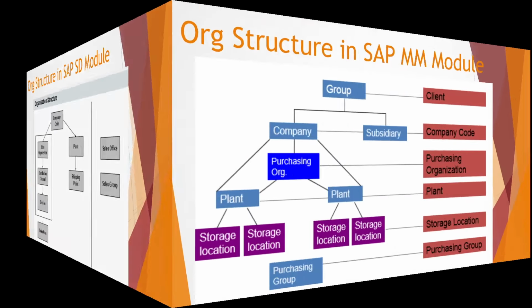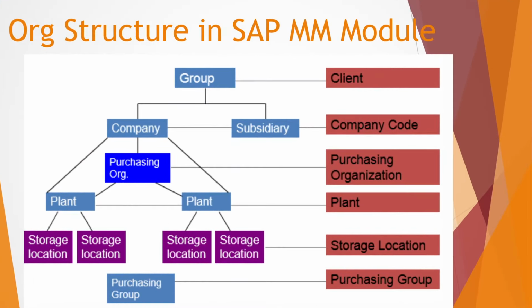Moving to the next. Now let us look at the org structure in SAP Materials Management. You have company code, you have company, you have purchasing org, you have plant, you have storage location, and you also have purchasing group. So this is how the relationship will look. Client, as I have said, is always at the highest level. Then you have company code, then you have purchasing org.